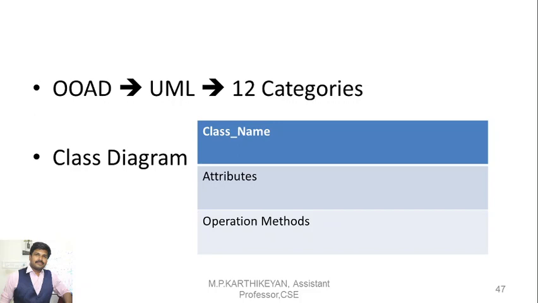For example, total can be an operation method, or average can be an operation method, those kinds of things. Okay. So table name, attributes and operation methods are the syntax of a class diagram, and student table, M1, M2, M3 and total, average is the example of a class diagram. Okay. So these are the examples of UML diagram.